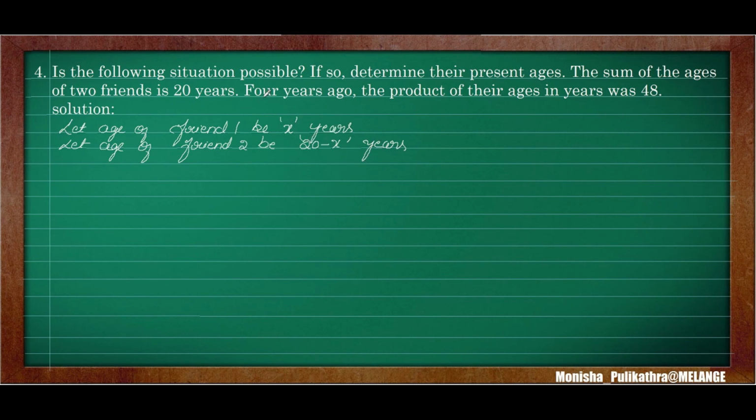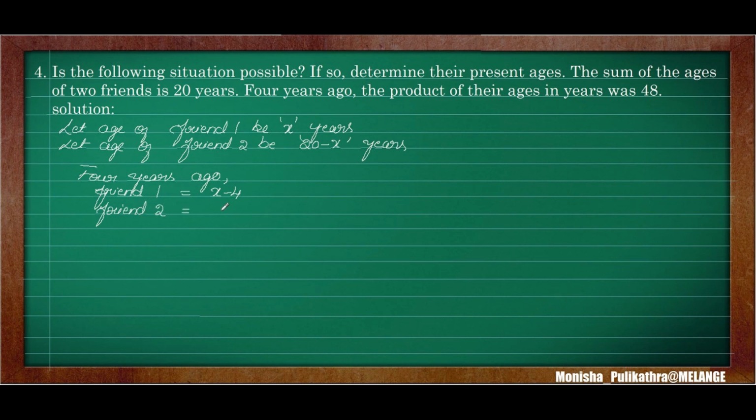Here they have given 4 years ago. So 4 years ago, friend 1 is equal to x minus 4.